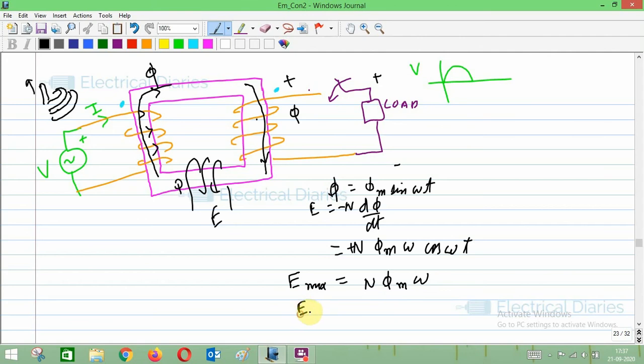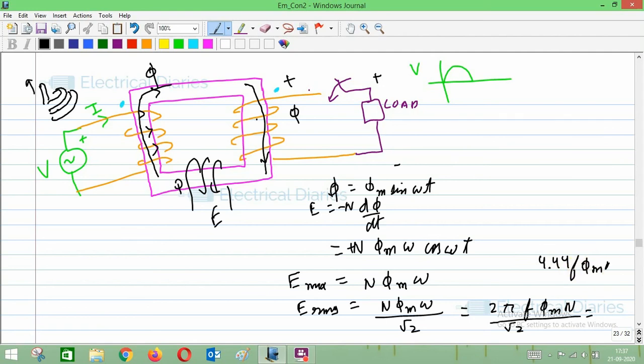Your ERMS will be E max by root 2, because these are sinusoidal functions. So n phi m omega by root 2. Your omega is 2 pi f, so phi m n by root 2 comes out to be 4.44 f phi m n.